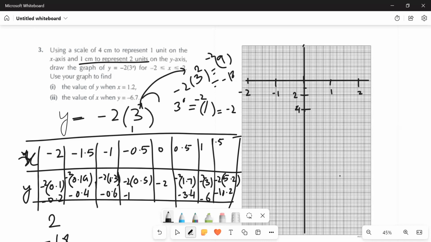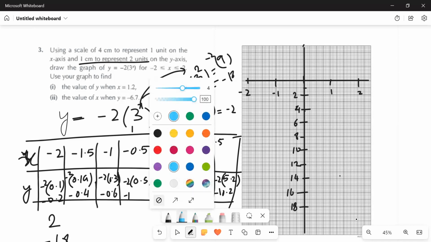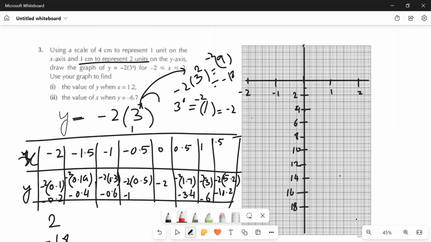4, 6, 8, 10, 12, 14, 16, and 18. Now the graph: for minus 2, its value is minus 2 point.